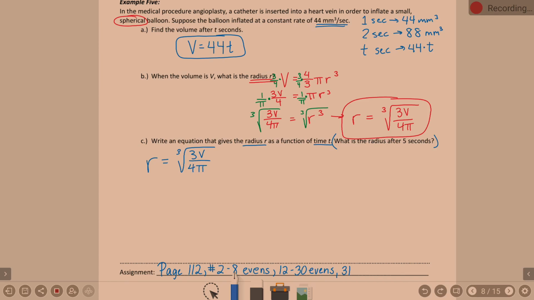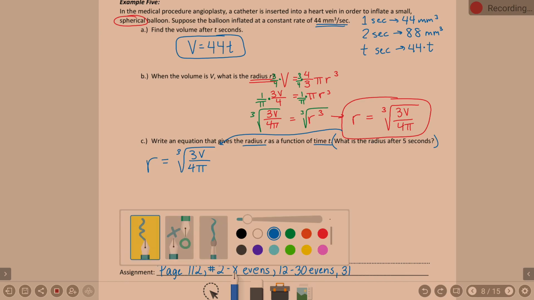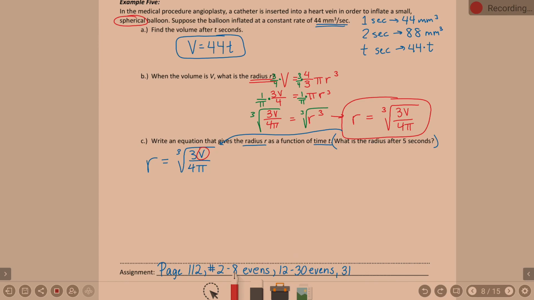Our r equals equation comes from part B, yes? But I don't want it in terms of v. We were told to have it in terms of t. Well, what do we know about v and t? V equals 44t. And this is where, when you said plug that in, I said hold that thought. It is that simple. We're going to plug it in.